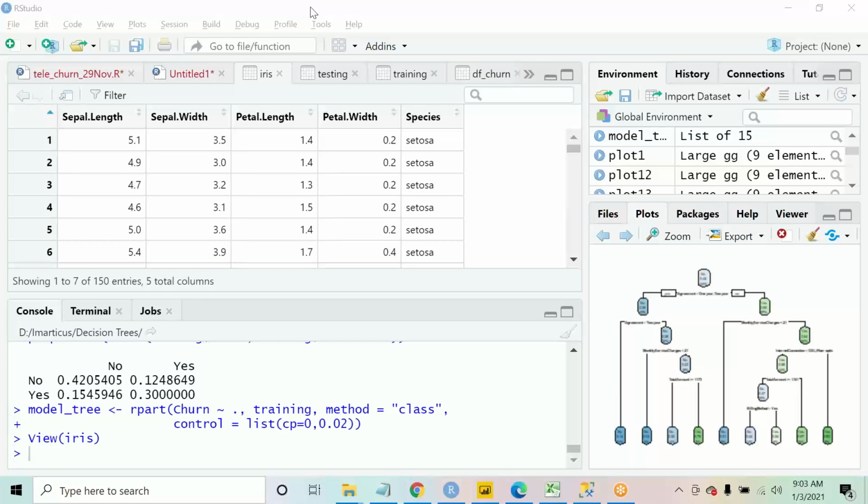Not yet. Okay, anyone else apart from Raghu who got a chance? Is the decision tree clear to all? I hope decision trees are making sense to all of you, like how it is working.